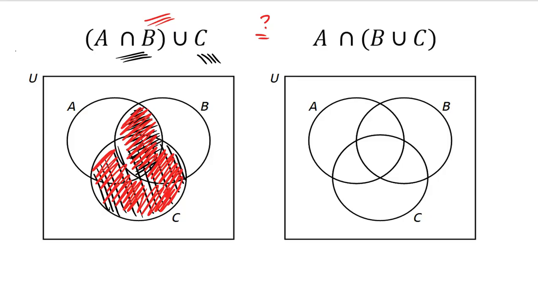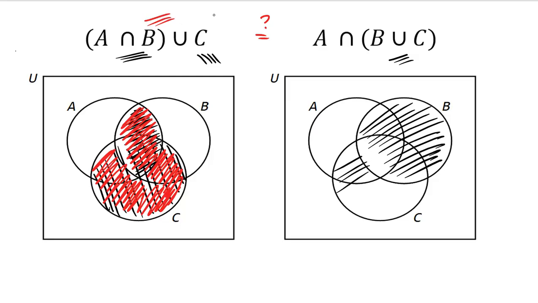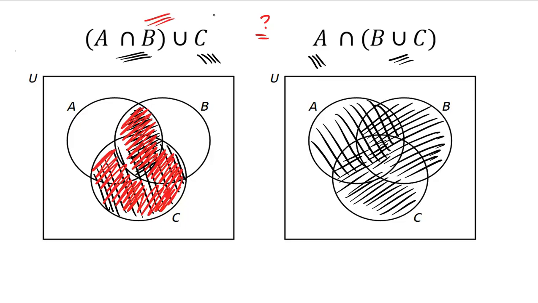Let's look at the expression on the right. B union C, again, doing parentheses first, I'll represent like this. So B union C is everything that's either in B or C. So it's essentially the B circle and the C circle joined together. So that region right there is B union C. A, I'll represent in another direction, is everything that falls in the A circle.